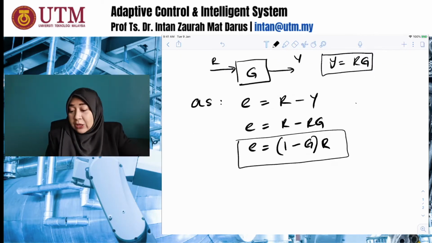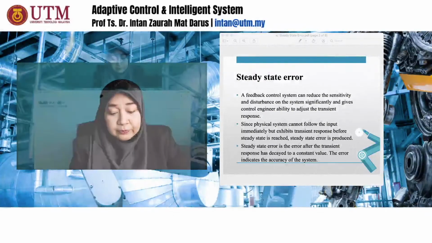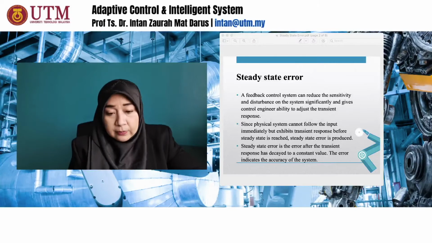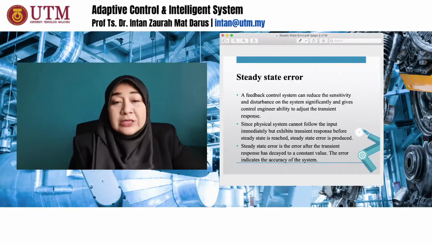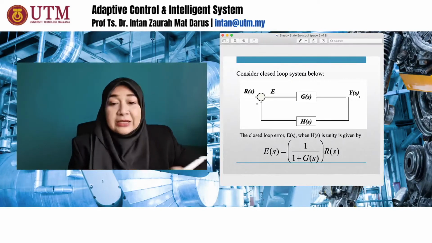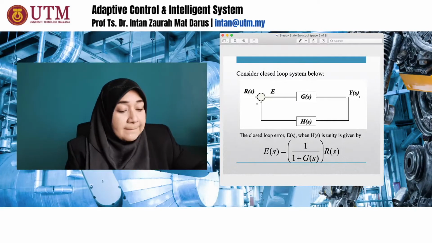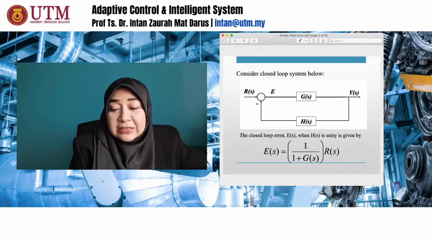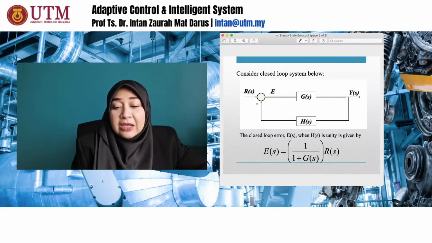Okay, what if we have a closed loop system? So this is a closed loop system, right? If we consider a closed loop system like this, the system is now with a feedback, and the feedback is actually a negative feedback, and then you will have error as the comparison between the input and the feedback of the system.